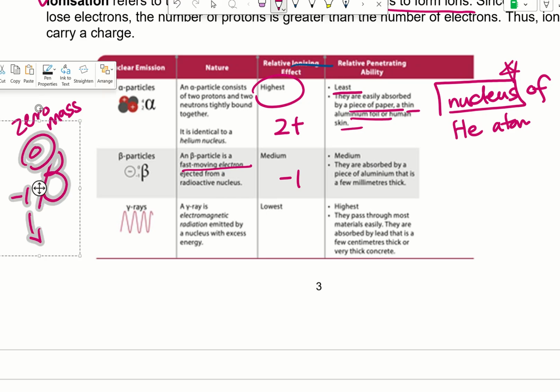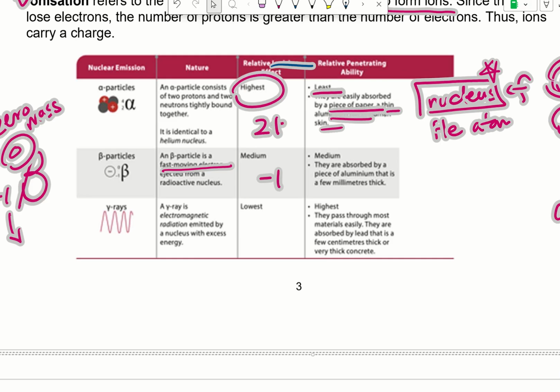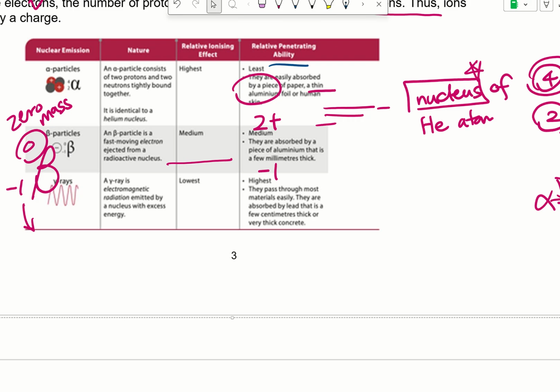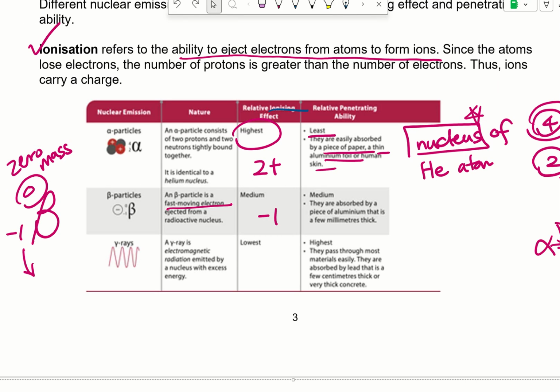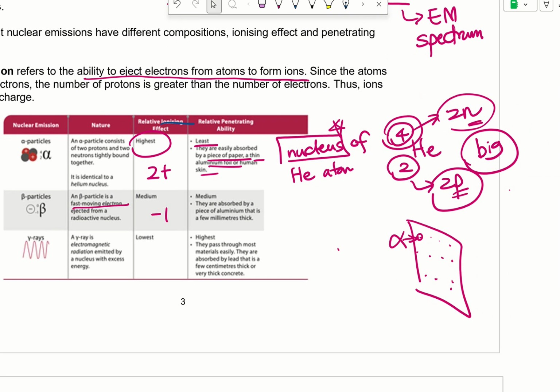How about the penetrating ability? The electron is much smaller than protons and neutrons. It's much smaller, right? If it's smaller, then the penetrating power will be better than alpha. So just now if I have a piece of paper, it will not be able to stop the beta.